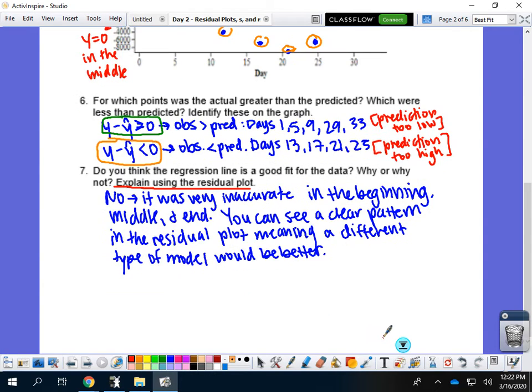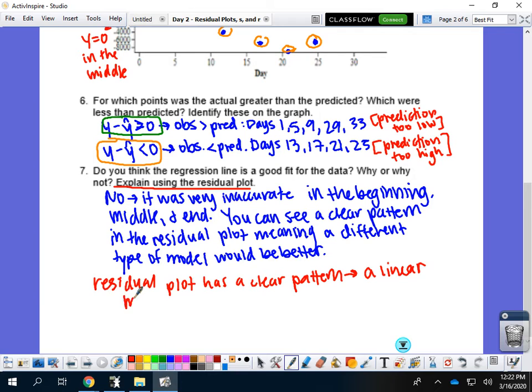So what we want to take away from this is when a residual plot has a clear pattern, then a linear model is not appropriate.